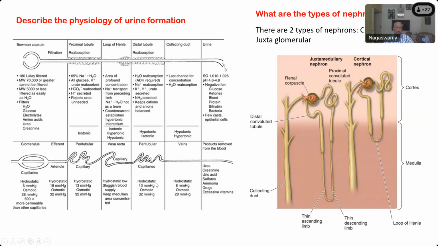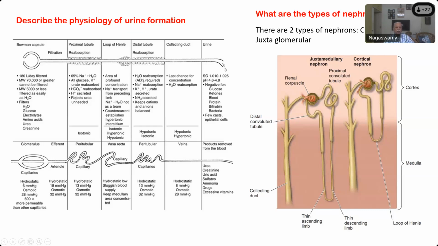Initially isotonic, then as the water is reabsorbed in the descending thin limb, it becomes hypertonic because more solutes are there in the filtrate fluid. Then in the ascending limb, all the solutes are removed, so it becomes again very watery and hypotonic.